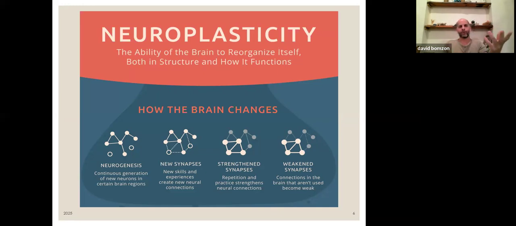For example, to move my hand, I have certain areas of the brain that help with that motor function. So the idea of neuroplasticity is that the brain has the ability to reorganize itself. It could be in a positive way, but also in a negative way, because you could develop a bad habit.